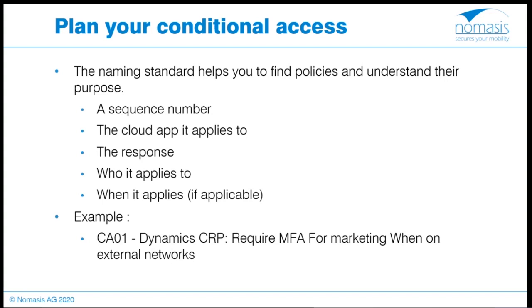So by always applying a sequence number, the cloud app it applies to, the response, who it applies to, and when it applies, you will have an easy to understand naming convention. For example, the sequence number, so CA01, Dynamics CRP, so the cloud app, the response, so require MFA for marketing, when on external networks. By using this, it's pretty clear what the conditional access rule does.